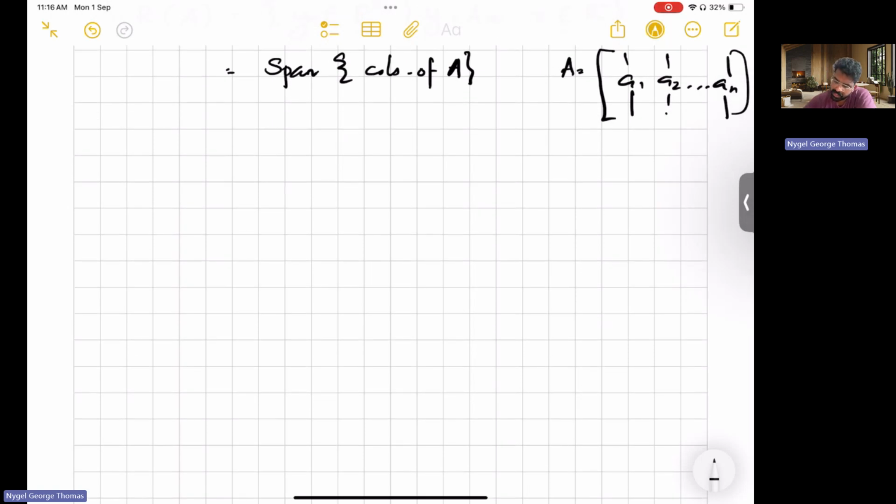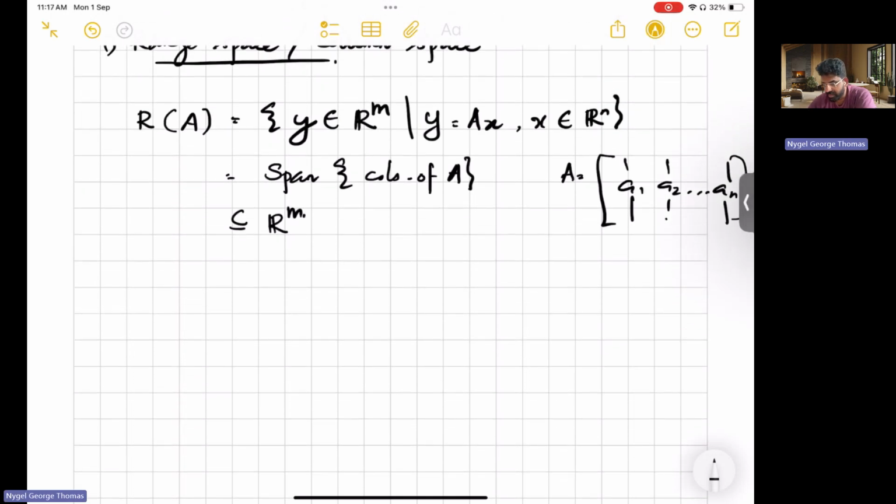And the column space is actually a subset of R^m. Why R^m? It is the set of all y's, and y actually belongs to R^m. Whenever we are applying this linear transformation, this y is in R^m, while x was in R^n.